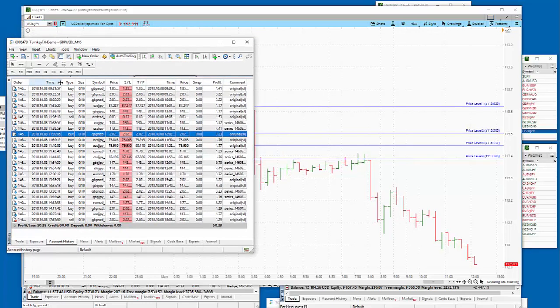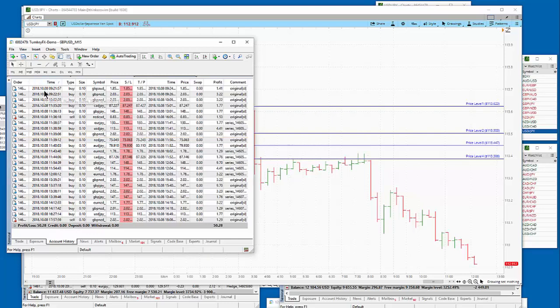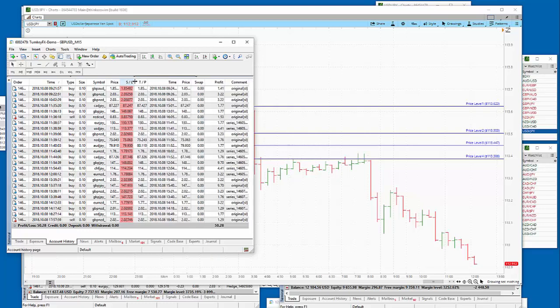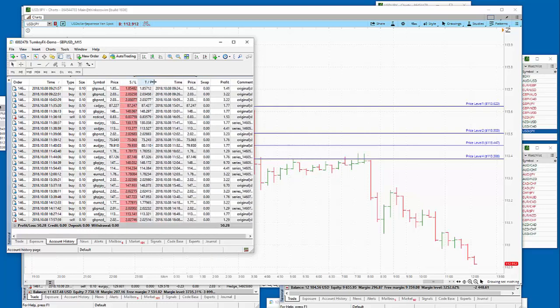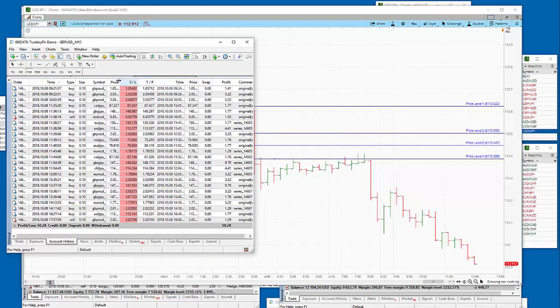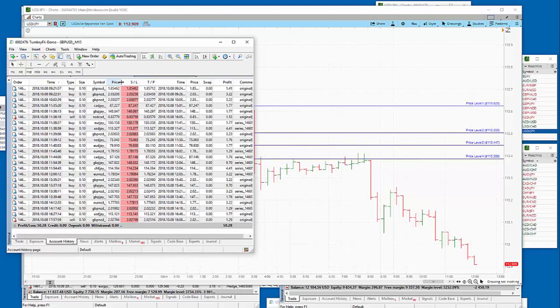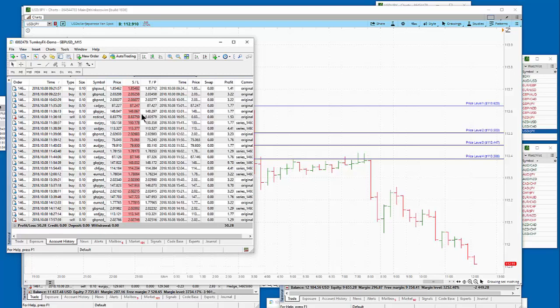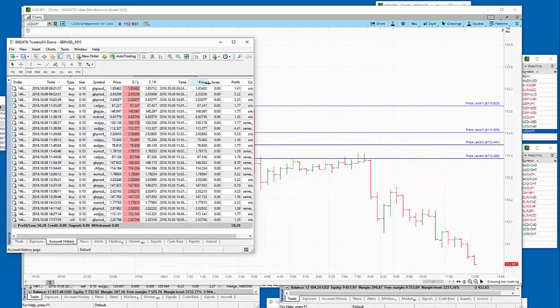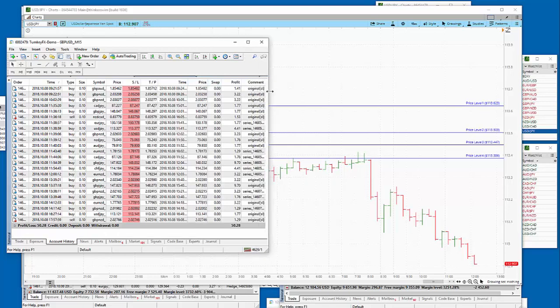In our account history, we have all of the trades that have closed today. Let me make all these columns just a little bit wider so that we can see the prices of where the trades entered, where the stops were, where the profit stops were, what price they came out at, and then over here at the end we can see what kind of trades they were.